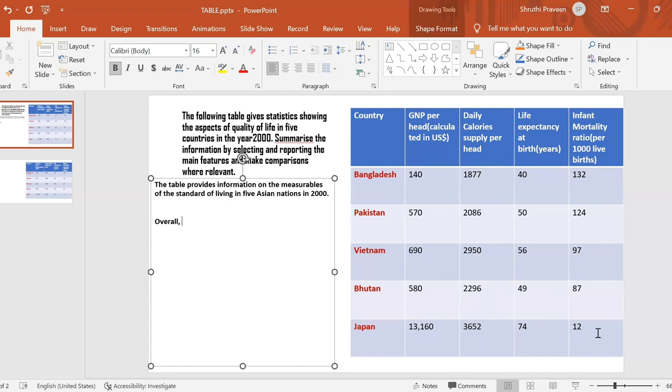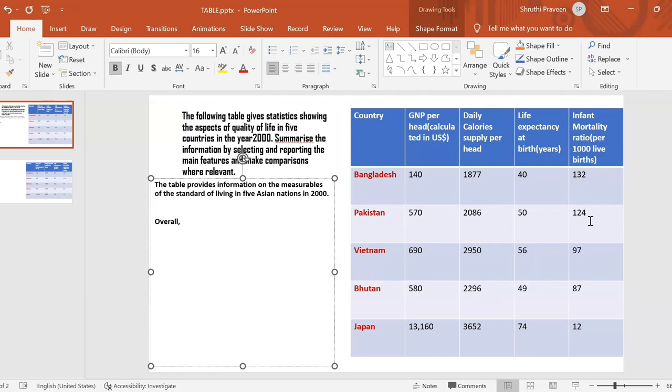So from the data, we can conclude that Japan offers the highest quality of life to the citizens, or the best quality of life. So that is going to be my key point. And let me see which is the lowest. 570, 690, 580 sounds average. 2086, 290, okay. Pakistan, Vietnam, Bhutan, somewhat similar numbers. 50, 56, 49, 124, of course.